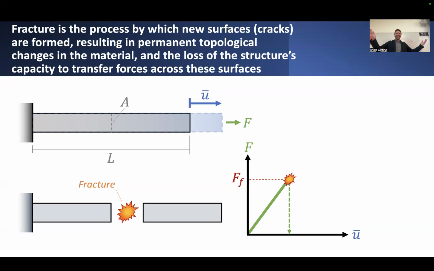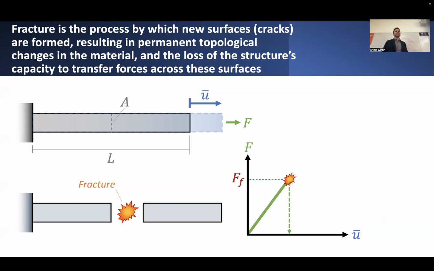Okay, so let's talk about fracture. I almost hesitated to include this slide because I assume you all know what fracture is. But just to clarify, it's really just a definition of what happens when material breaks apart. Imagine a simple example: I have a uniaxial bar placed into a state of tension.